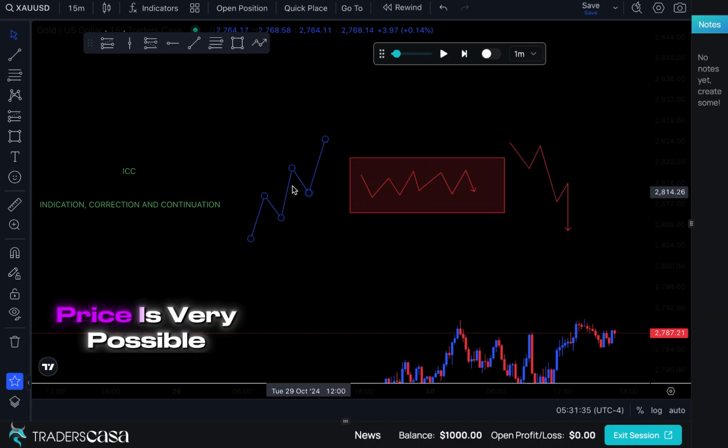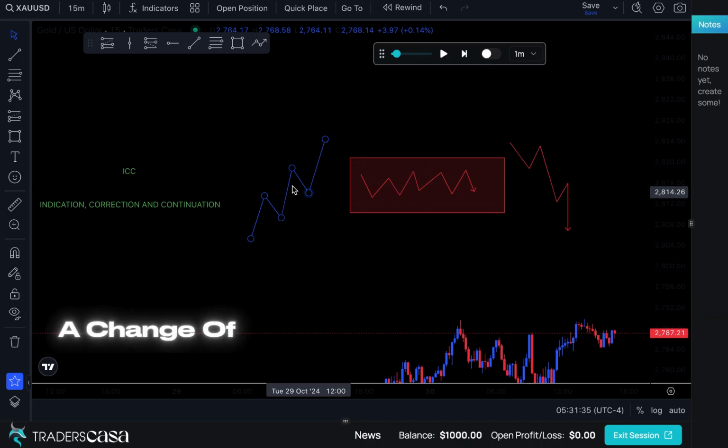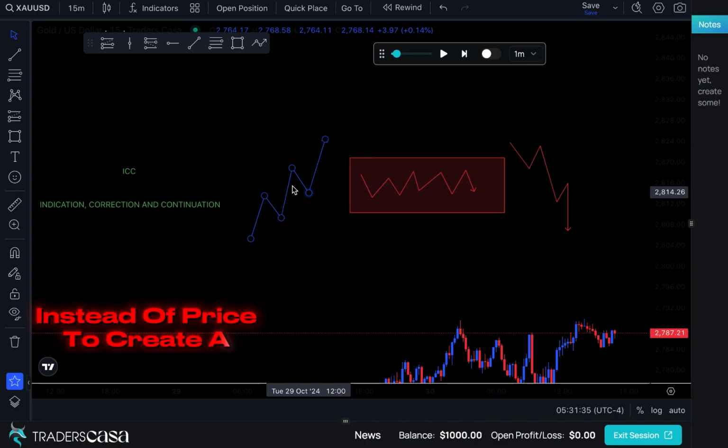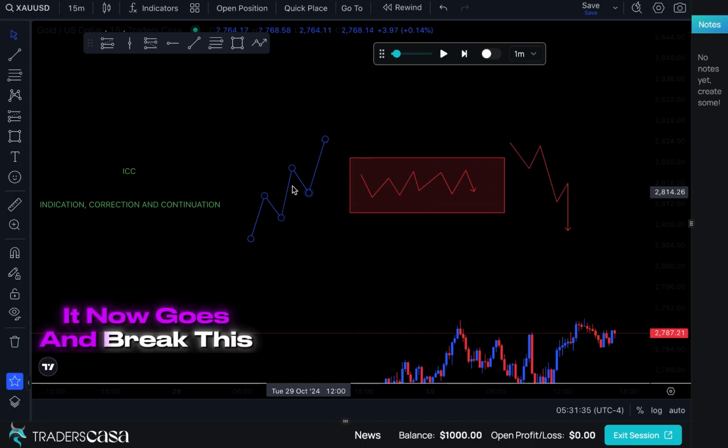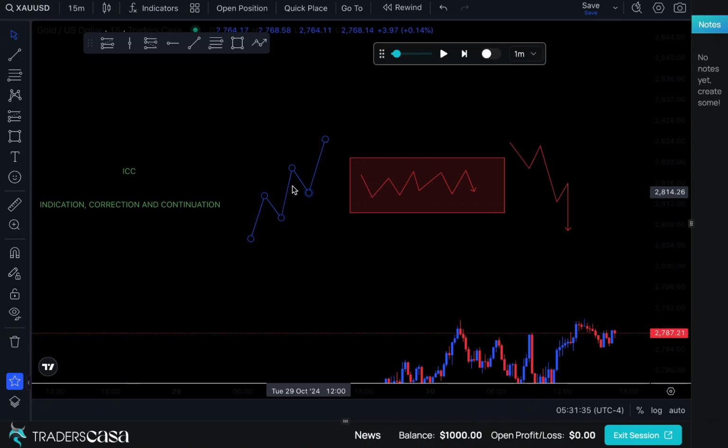For example, it is very possible for price to have a change of character. Instead of price coming back here and then breaking, it now goes and breaks this high right here. We now know that okay, the price has shifted bullish. We now have to start looking for ways to buy.